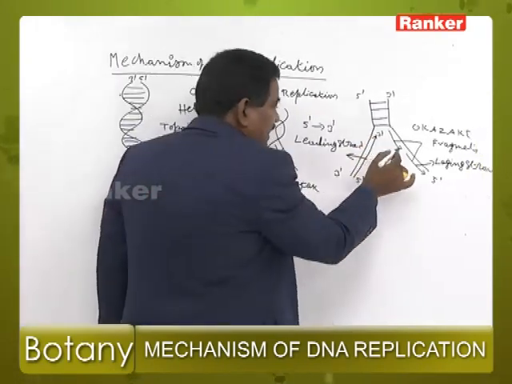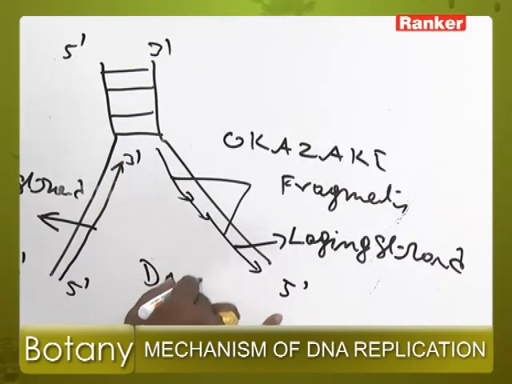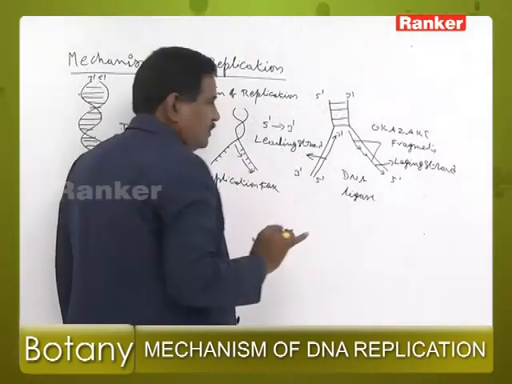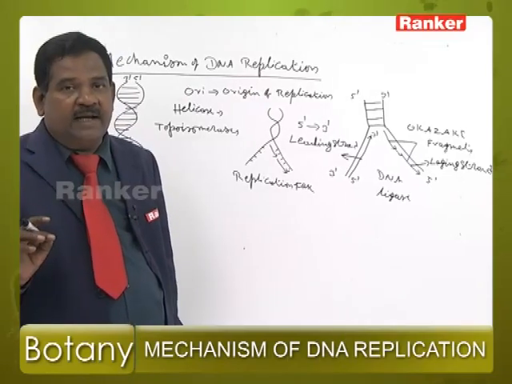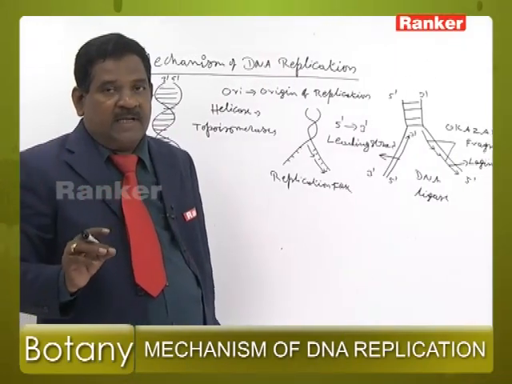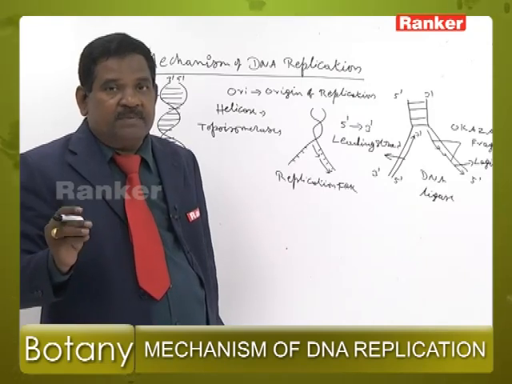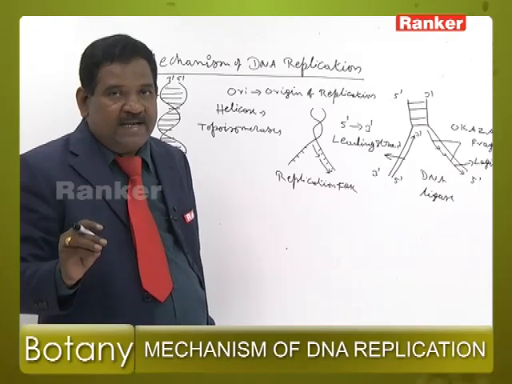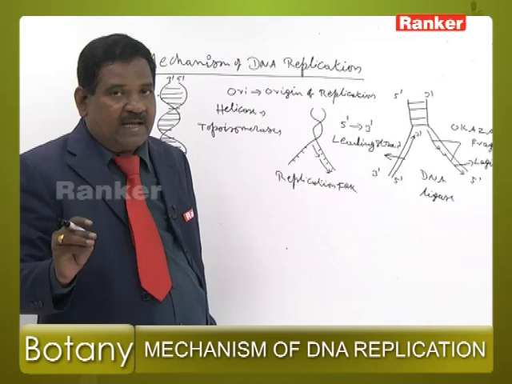They are connected by DNA ligase. Okazaki fragments are connected by DNA ligase. It is an energy consuming process, and the energy is supplied by deoxyribonucleoside triphosphates, which besides acting as substrate also provide energy.